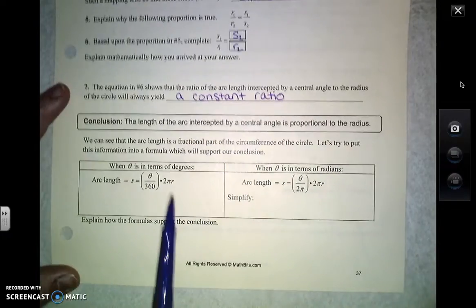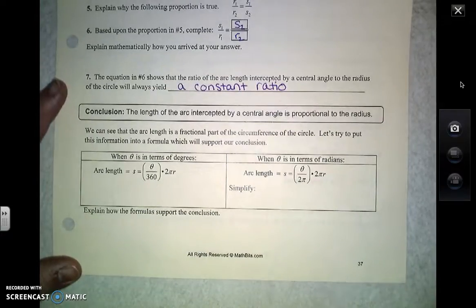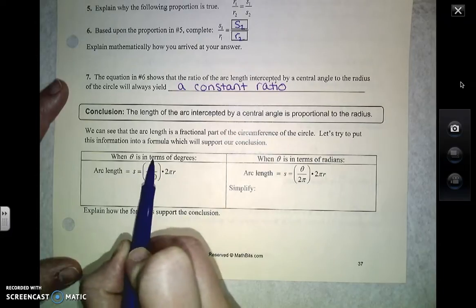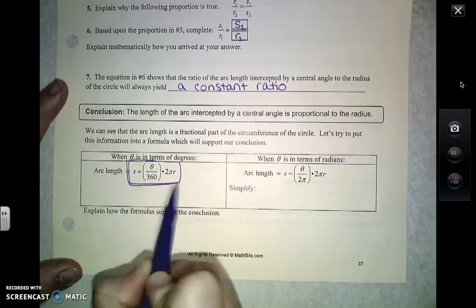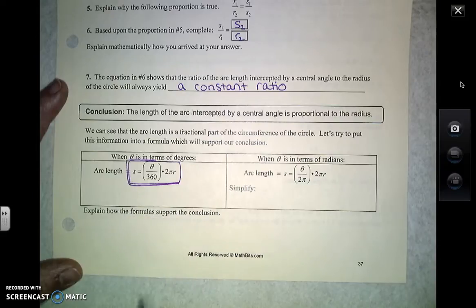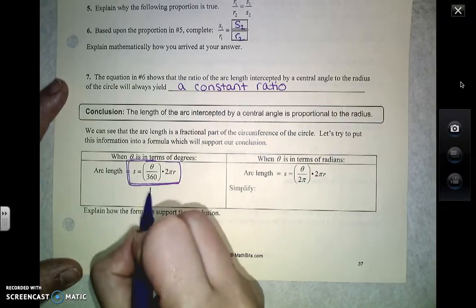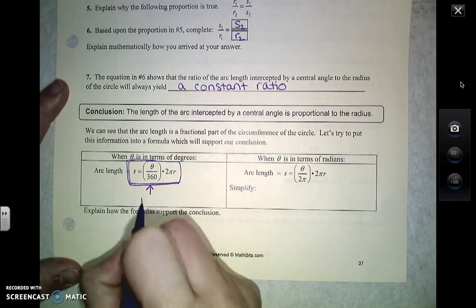We can do this in terms of degrees or in terms of radians. And as you know, 360 is 2 pi, so that's the only difference in these two equations. Here are the equations for your arc length of a circle. S is the arc length, or that section of the sector. Theta over 360 is the proportion of the circle.